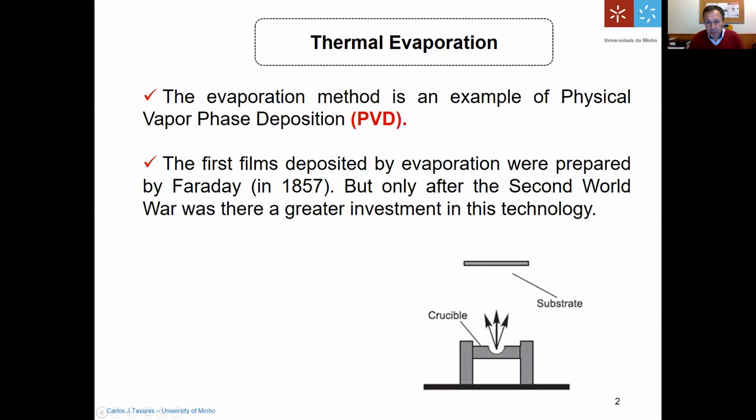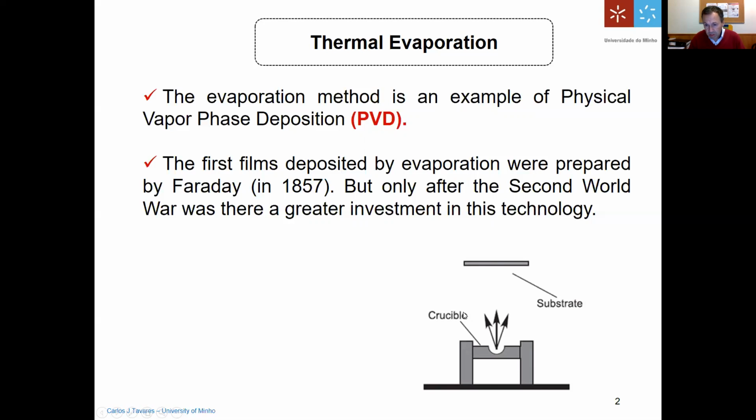And so you need a material that can be melted and that has a reasonable vapor pressure, and the resulting flux of atoms or molecules will be deposited onto a substrate that we want to coat.